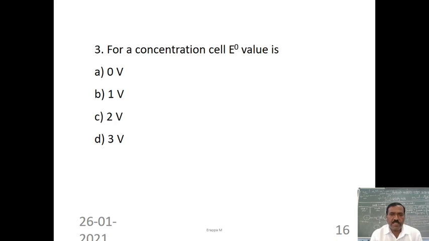For a concentration cell, the E0 value: A is 0 volts, B is 1 volt, C is 2 volts, and D is 3 volts. For a concentration cell, the E0 value is 0 volts. So the answer for this question is A.